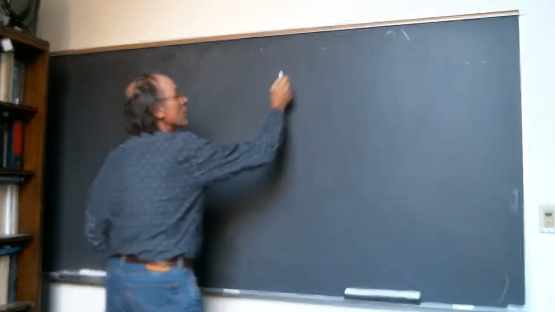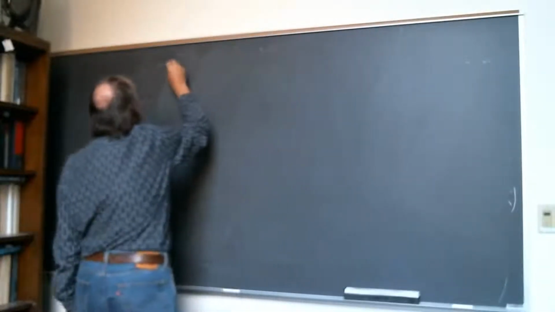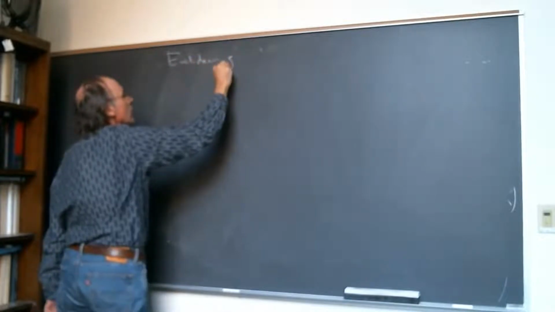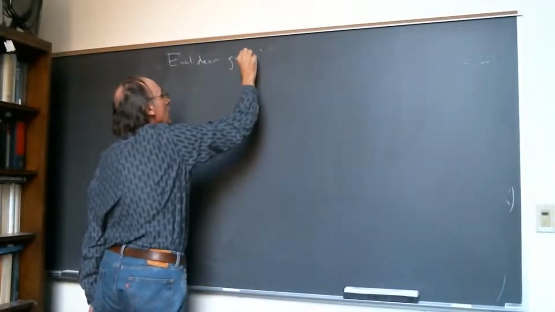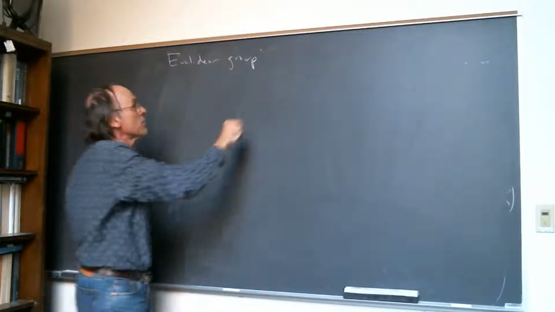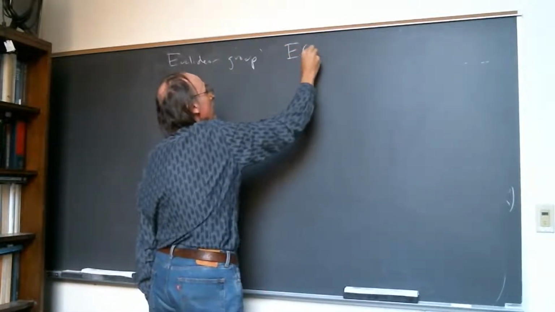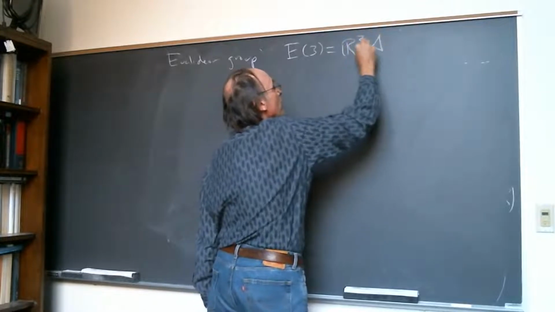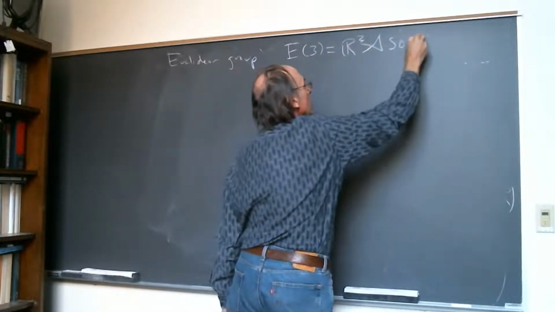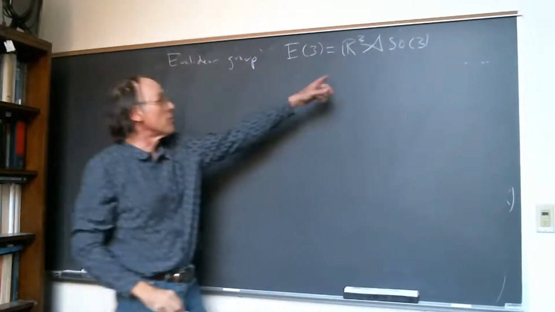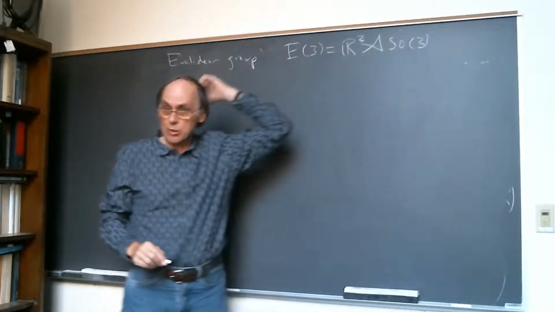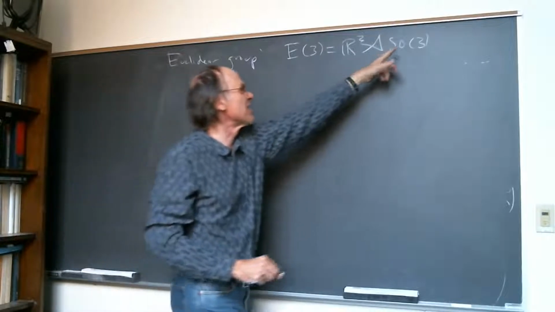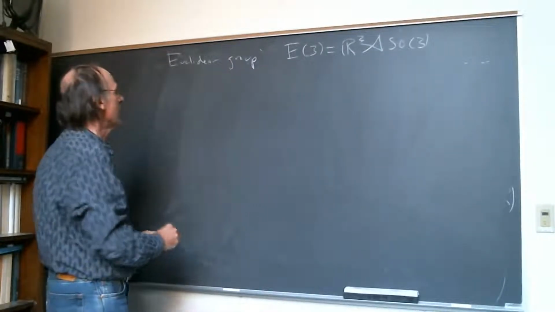So the Euclidean group E3 was R3 semidirect product with SO3. Or we might also be interested in using Spin3 here, taking the double cover, but I won't distinguish that.